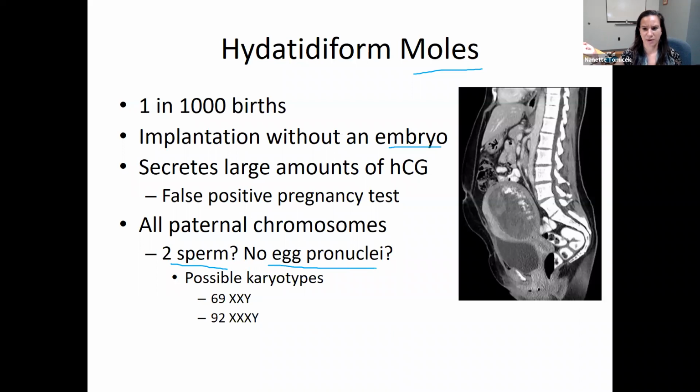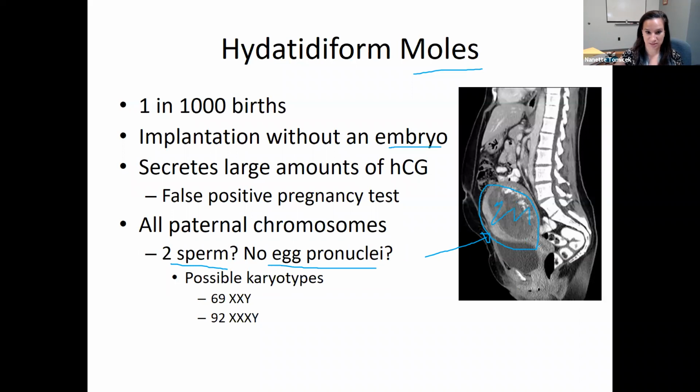Whatever happened, remember, all of those cell division stages are dependent upon proper chromosome number and proper division. So usually these are all paternal chromosomes, and the egg, somehow its chromosomes died or got lost, and you will get growing of the extraembryonic membranes and the placenta, but this placenta is empty.